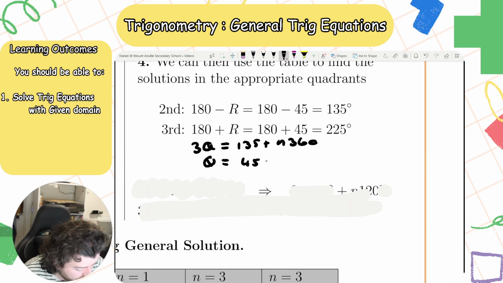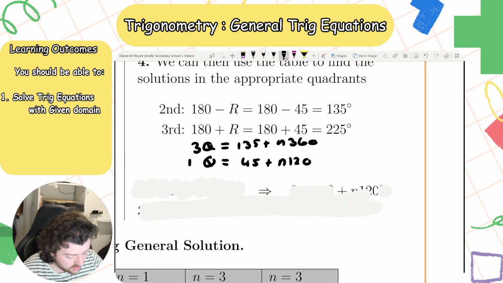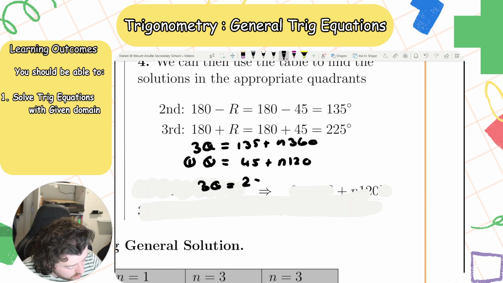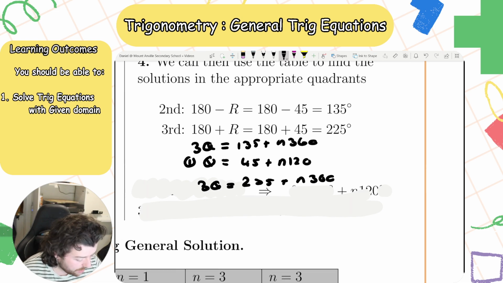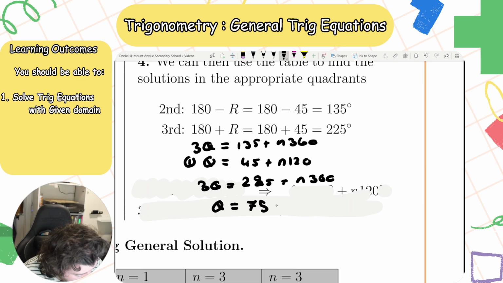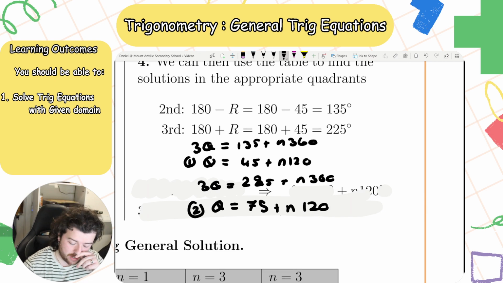So I get 45 plus n120 as my first general solution. Then my second general solution is 3 theta equals 225 plus n360. Divide everything by 3. 225 divided by 3 is 75. So we get theta equals 75 plus n120, and there's my second general solution.